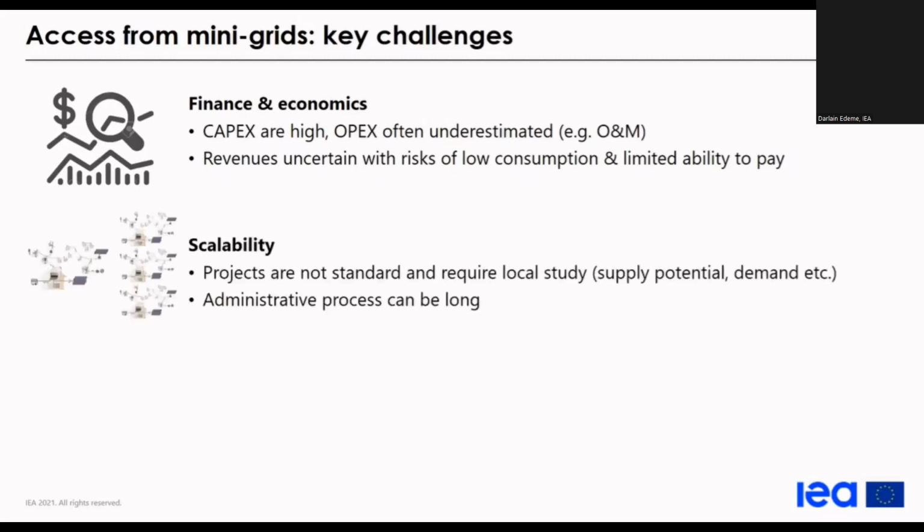Another challenge relates to scalability, because each mini grid project requires some local adjustment. It needs to be adapted to the local potential for generating electricity, be it from solar PV, from a small hydro resource, or from wind.